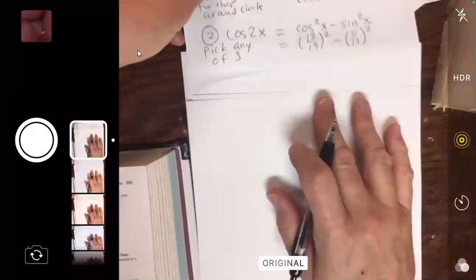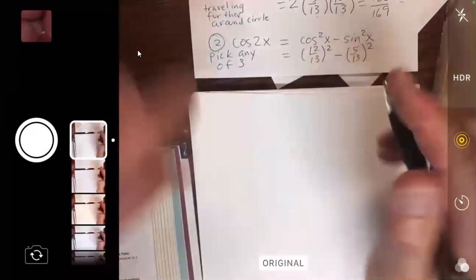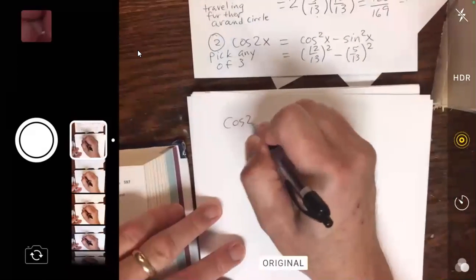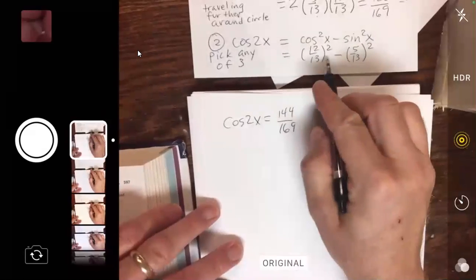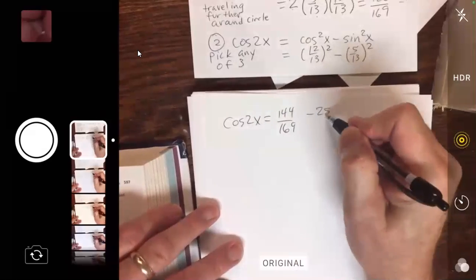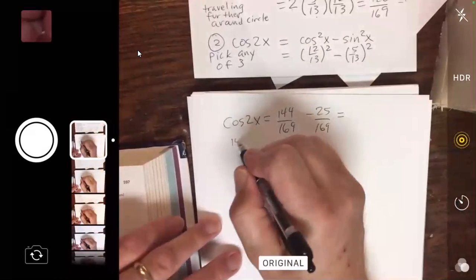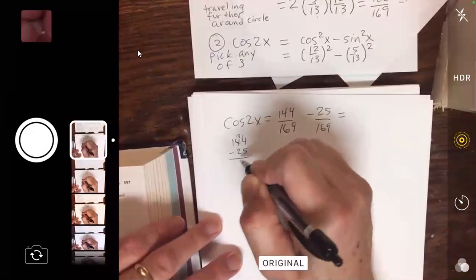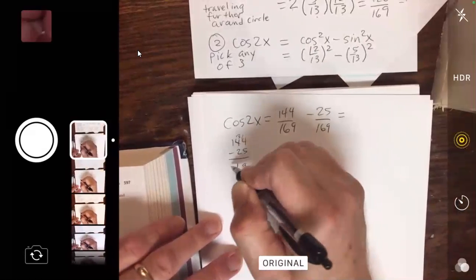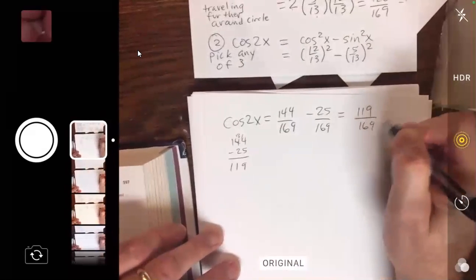Probably should start on the top. Next page. So I'm getting 144/169, 12 squared over 13 squared, minus 25/169, 5 squared over 13 squared. 144 minus 25 is 119. I'm getting 119/169, again, less than or equal to 1.